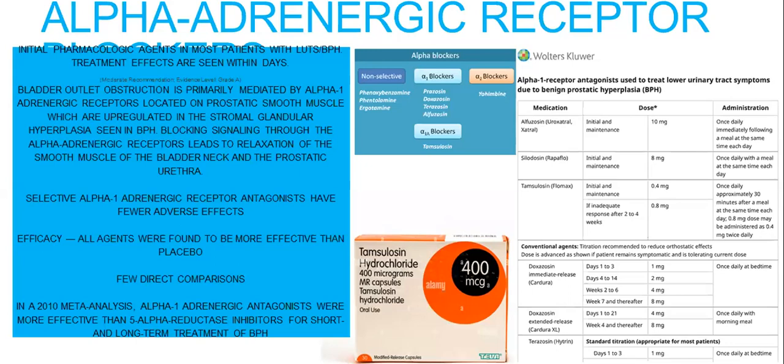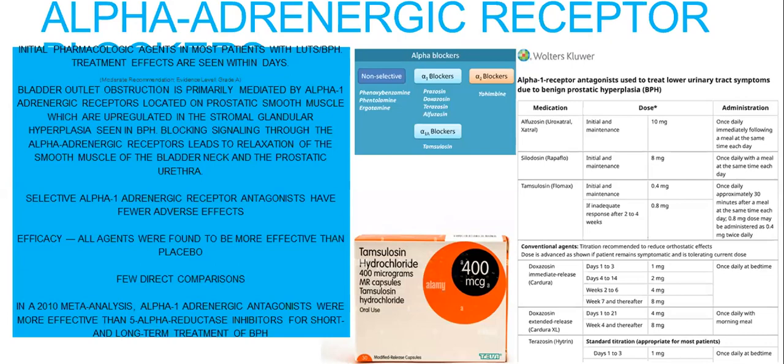Blocking these signals through alpha blockers leads to relaxation of the prostatic smooth muscle and the bladder neck and prostatic urethra. Selective alpha-1s are efficacious in relieving BPH symptoms and have fewer adverse effects than non-selective.